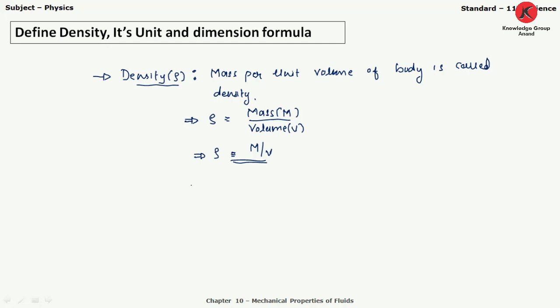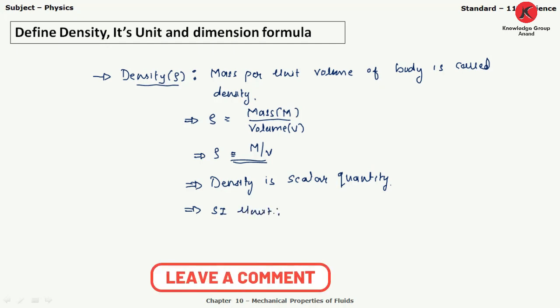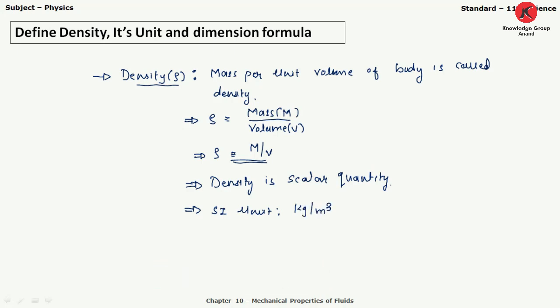Now we know density is a scalar quantity, right? And its SI unit is kilogram per meter cube. For mass it is kilogram, and for volume it is meter cube, right? This is the SI unit of density.